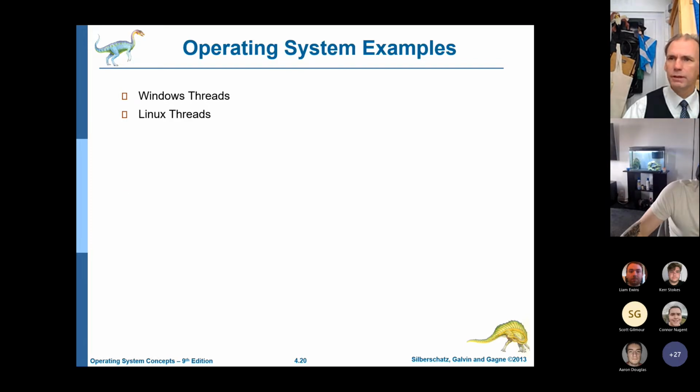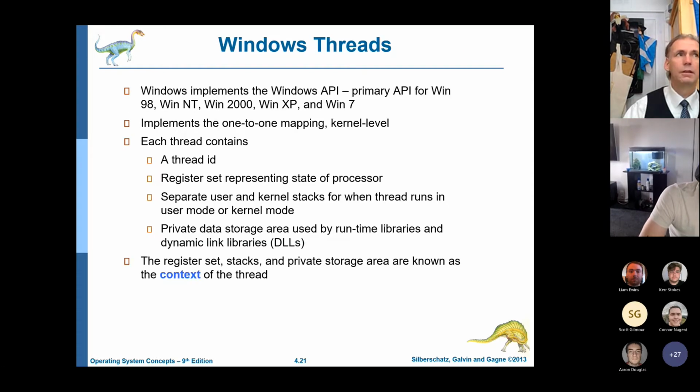So let's give you some quick examples of how Windows and Linux cope with that. There is an API in Windows, and as I said earlier, it's a one-to-one mapping. So one user thread to one kernel thread. One that the programmer sets up, mapping to one that the operating system looks after.